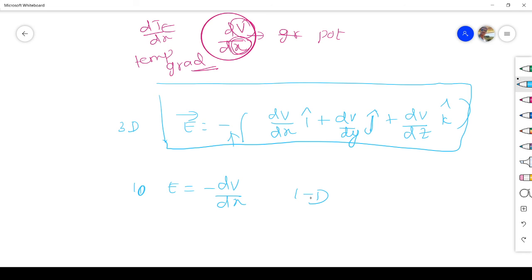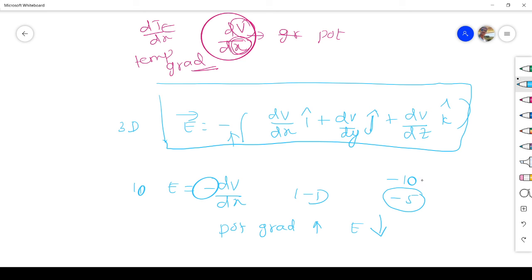So electric field is the negative of the potential gradient, or gradient of potential. So when potential gradient increases, electric field decreases. Yes or no? Because it is negative. So we know minus 10, minus 5. Which is the bigger number?